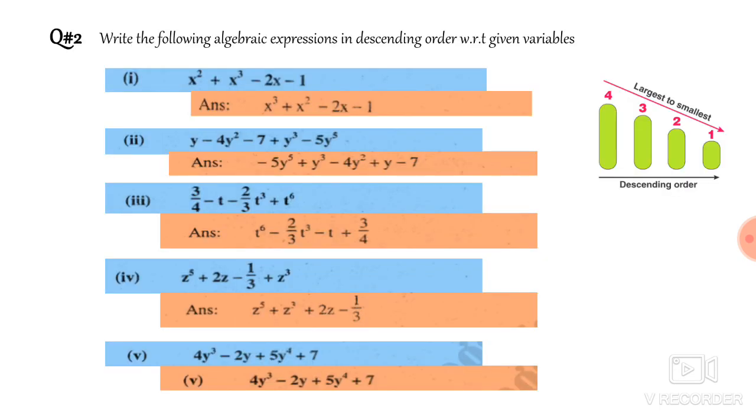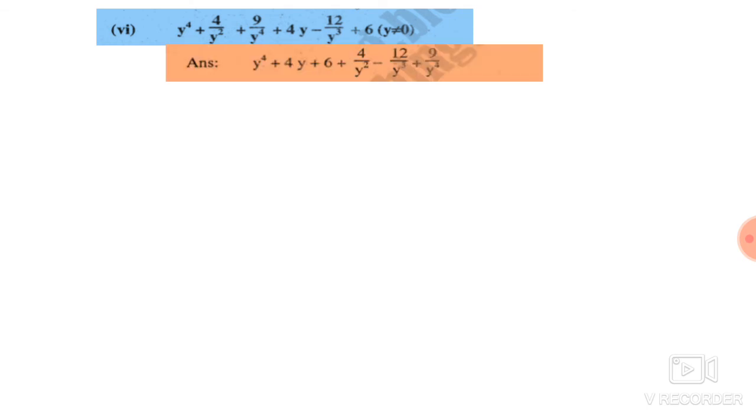Now we have to arrange them in descending order. Descending order means highest exponent first. So the highest exponent will be 4 and minus 4 will be the smallest. Okay, so we will write y exponent 4 first, then y exponent 1, y exponent 0, and then we will write the negative exponent.